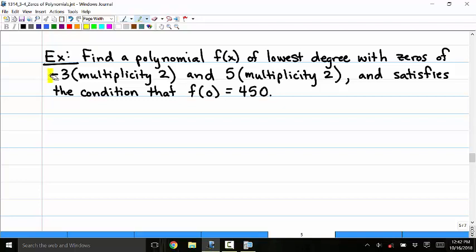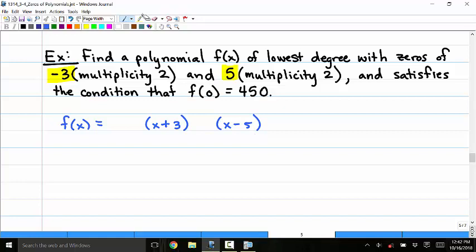You have the 0 -3 and the 0 5. So I know that my polynomial has to be x minus -3 and x minus 5. You agree? Those 2 factors have to be there.